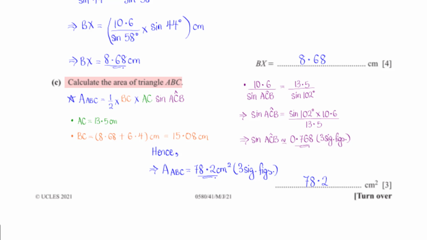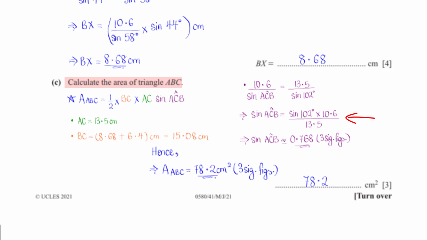So now we can find sine of ACB by applying the sine rule. When we apply the sine rule, we get 10.6 divided by sine ACB equals 13.5 divided by sine 102 degrees. So since we are interested in finding sine ACB, we make it the subject, and we have sine 102 degrees times 10.6 divided by 13.5.